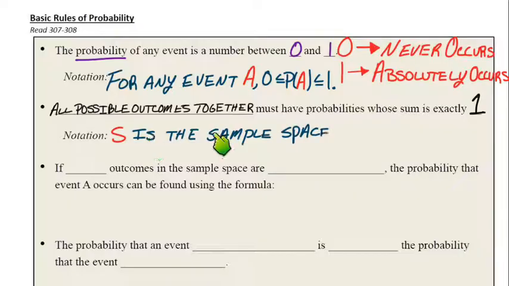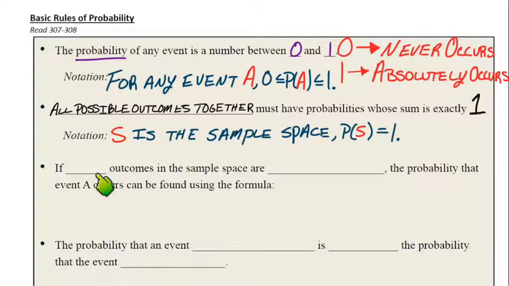S is the sample space, so the probability of S, or the probability of an event in S occurring, has to equal 1. So if you add up all the possible outcomes in the sample space, that probability has to equal 1.